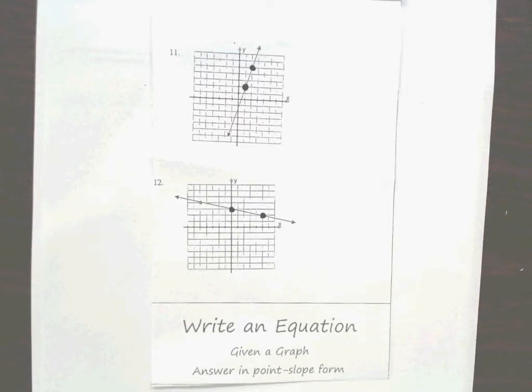Write down the ordered pair. Is this right? Write down the slope. Is this right? I'll work my way there. Would this be negative?